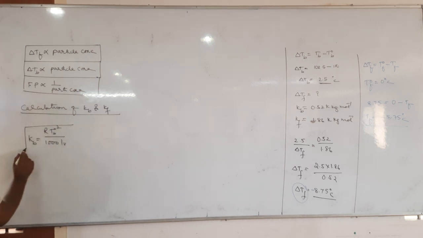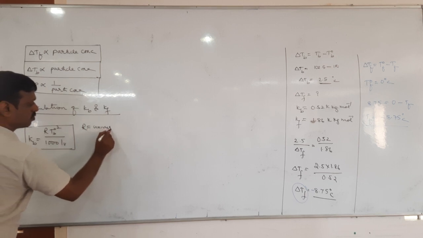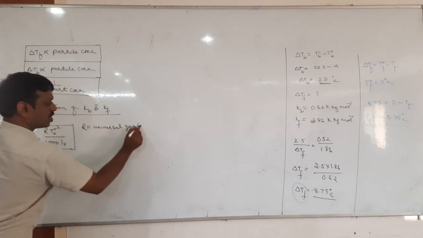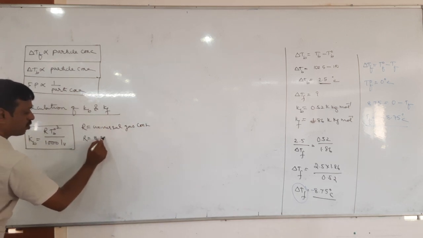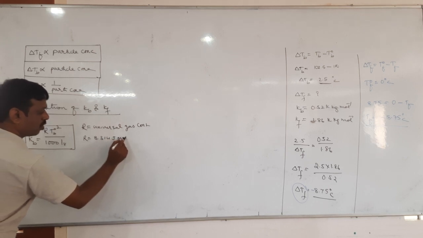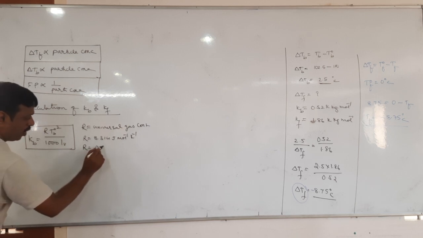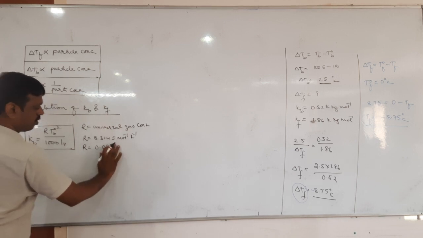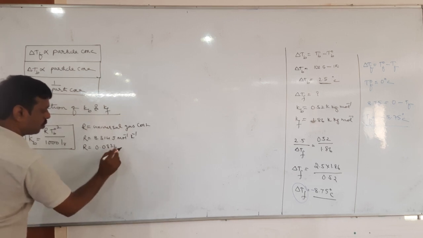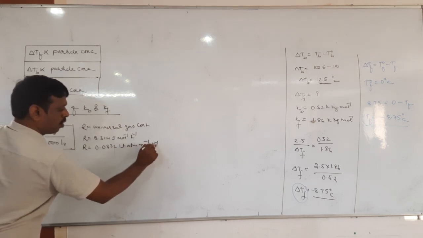This is the formula to calculate KB, where R equals, you know it, universal gas constant. So what is the R value? R equals 8.314 joules per mole per Kelvin, or in liters, 0.0832 liter atmosphere per mole per Kelvin.